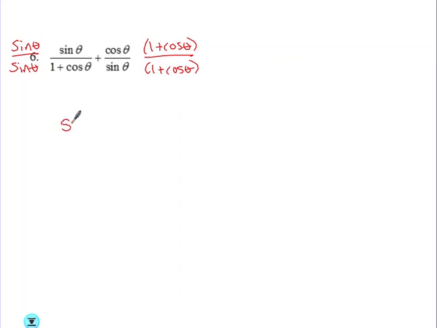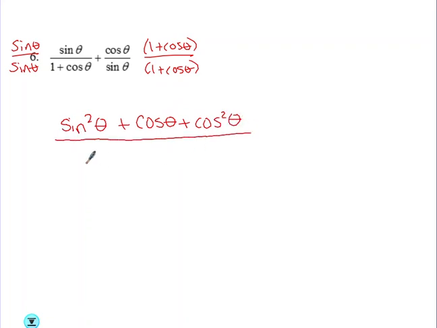So then I end up with sine squared theta plus, I'm going to distribute this cosine theta, plus cosine squared theta. And then my denominator, I'm going to go ahead and leave it as sine of theta times 1 plus cosine theta.